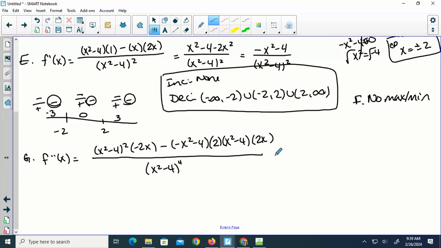What can you do on this? They all have an x squared minus 4. So we get negative 2x cubed plus 8x on this one. This is a minus 4x, so we need to distribute the negative 4x.